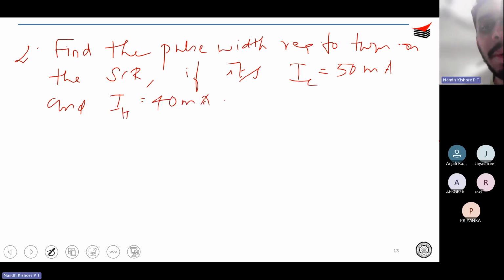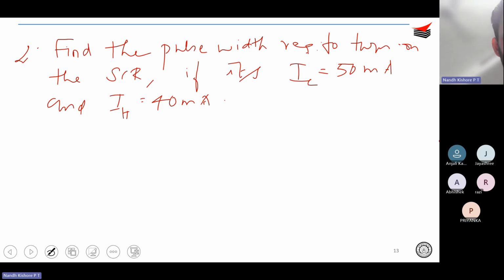Find the pulse width required to turn on the SCR if the latching current is 50 milliamperes and holding current is 40 milliamperes. Okay. And the circuit is as follows.